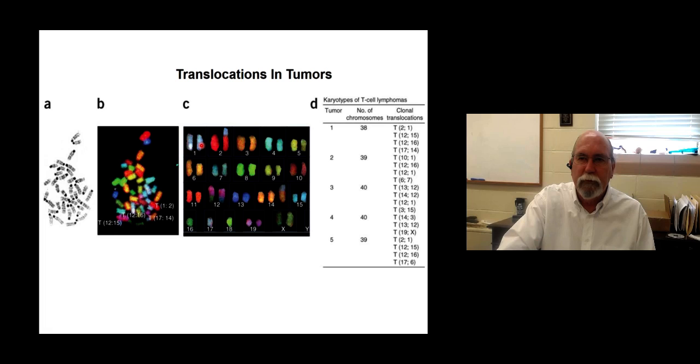So here's the first chromosome, and here's the translocation onto the second right here. There's a 12-15. So if you go down and look at 12 right here, and you look over at 15, there's been a translocation there. There are translocations, and some of them from 14 to 3. Okay, so part of 3 has jumped down here on 14, and that's showing an example of that.